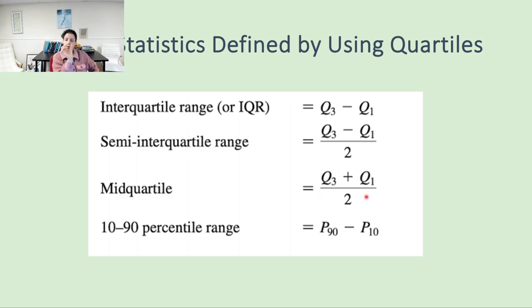And that gives us the one that's in the middle. Then we can also look at the 10 to 90th percentile range, which gives us the distance between the 10th percentile and the 90th percentile. So these are just different ways of summarizing our data and data in relation to each other.